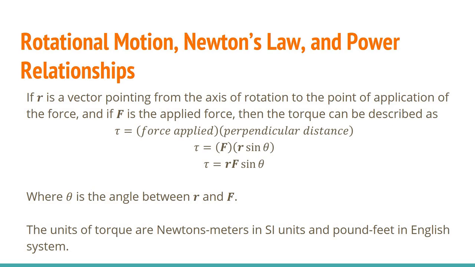If R is a vector pointing from the axis of rotation to the point of application of the force, and if F is the applied force, then the torque can be described as torque equal to force applied times the perpendicular distance.